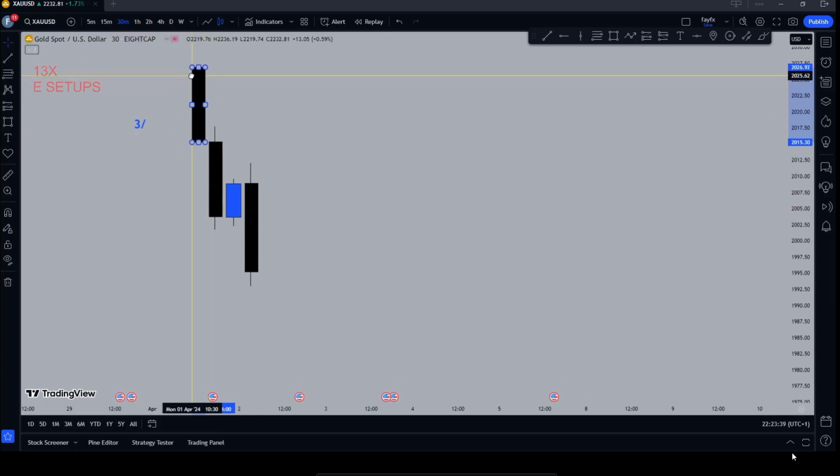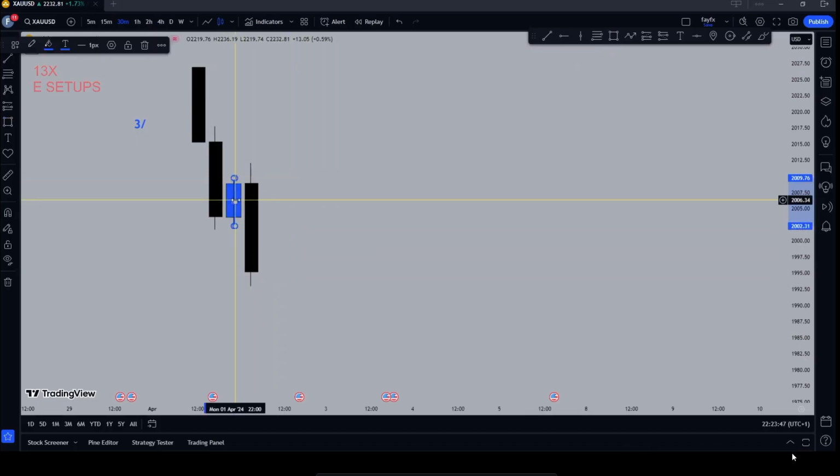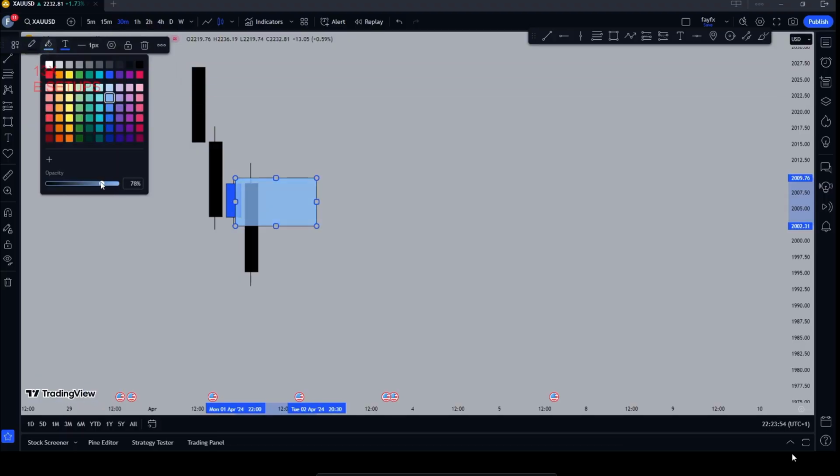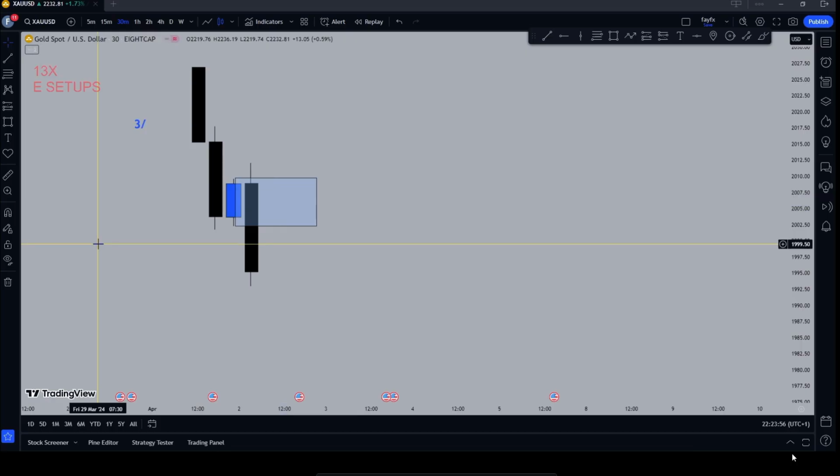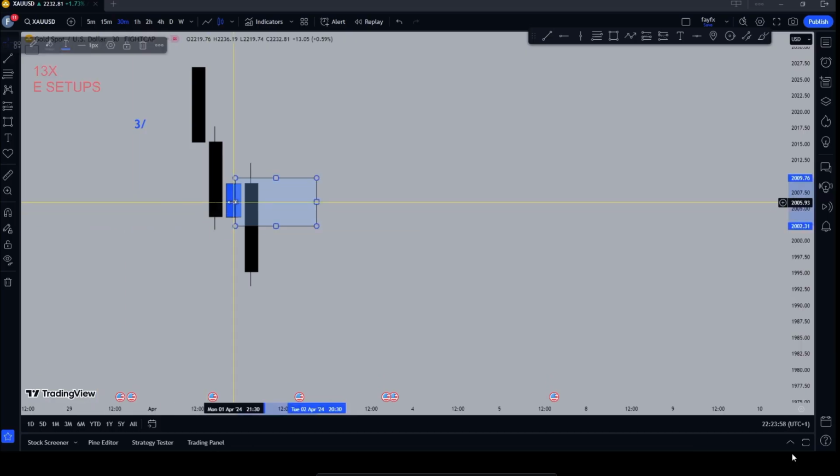Like that, we are in a bearish trend. A bearish engulfing candle appears here. This is a bearish engulfing candle. Remember, this third setup, we only use it for continuations.